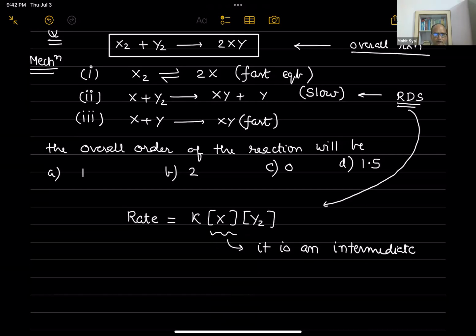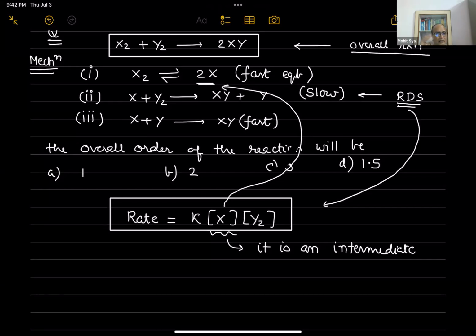Got it? So its concentration can be derived from the first equation. So we will follow this. We are following this, but the concentration of X can be written from the first equation.